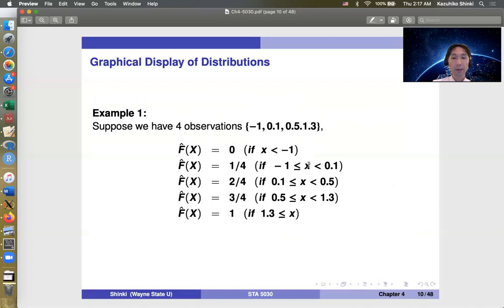If x is between -1 and 0.1, for example if x is equal to -0.5, one observation out of 4 is less than -0.5, so F hat of x is 1/4. And we continue. If x is larger than 1.3, for example x is equal to 2, then all observations are less than 2, so F hat of x is 1.